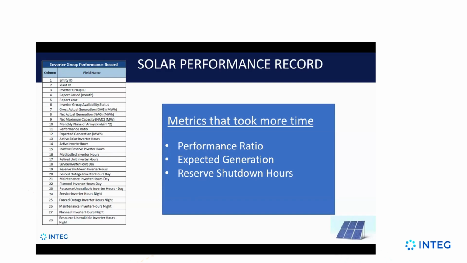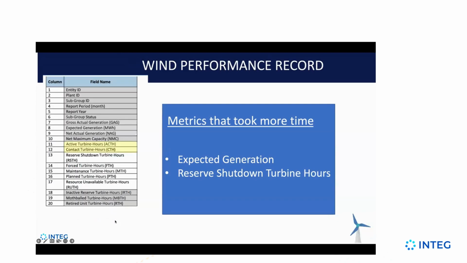So keep that in mind. You can't just use daylight hours to look at a lot of this. If something happened at night, you have to be able to tell. And then you have the resource unavailable hours in the night as well. So again, we end up just using the calc.